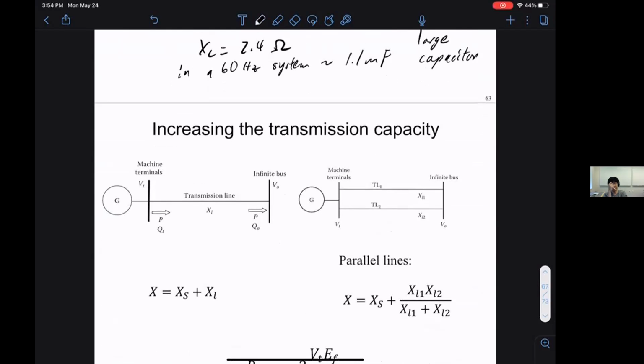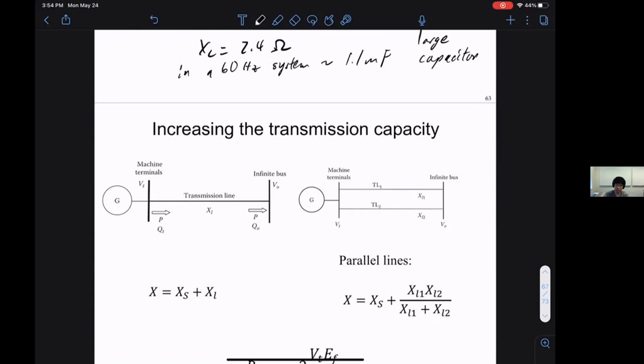This is more common in practice: you just build a double line, and then you can transmit more power. Instead of carrying one circuit on a transmission line pole, you put two lines on it, and this increases the maximum power transfer you can have in the system.